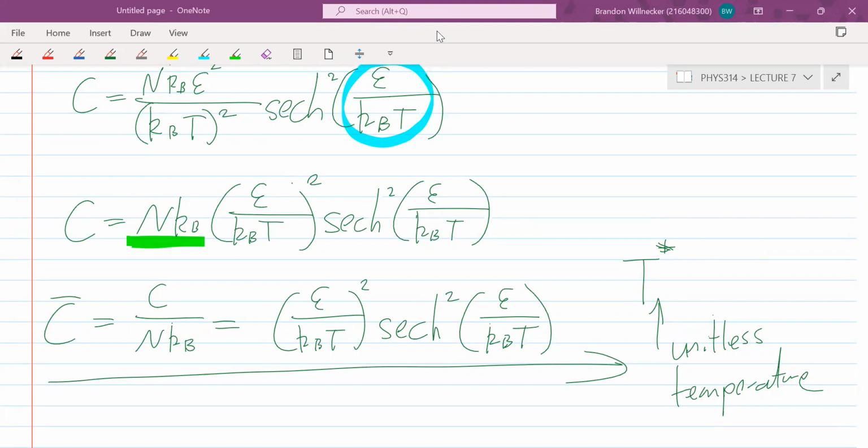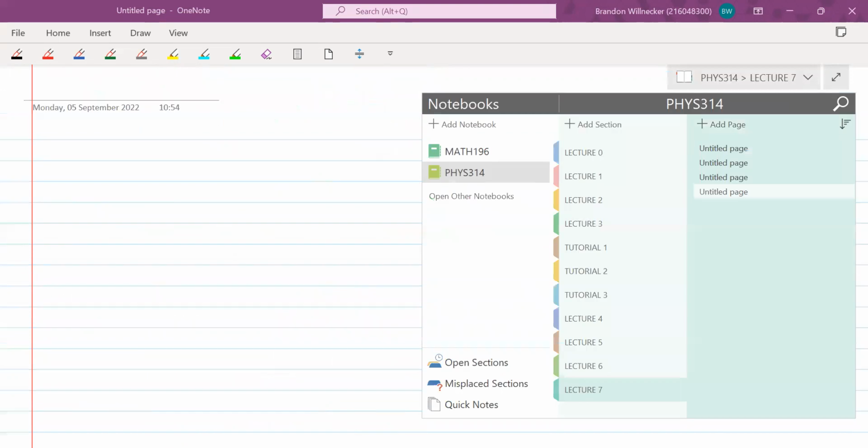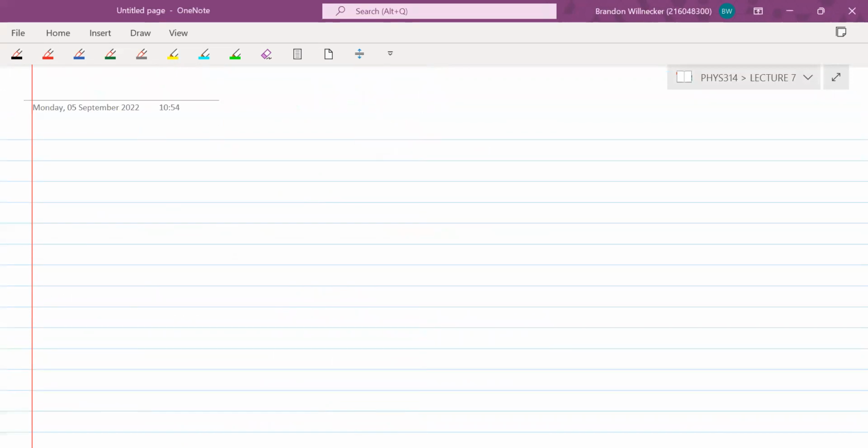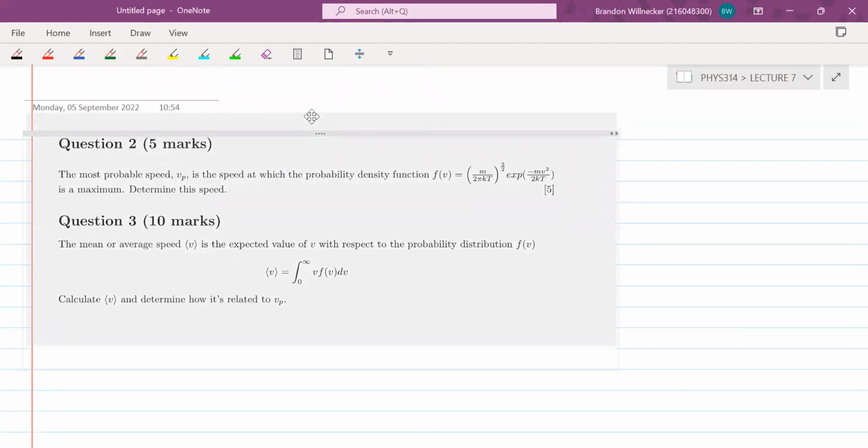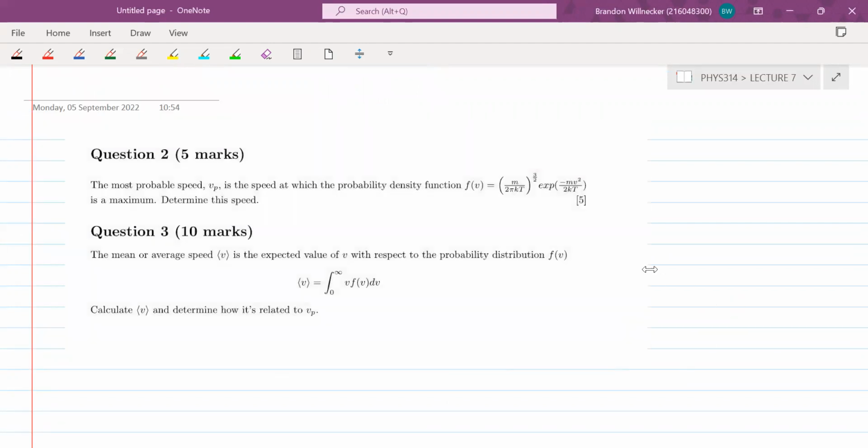Okay, let's have a look at those two assignment problems. I think the first one, let's just get that here. So not assignment, the hand-in problem. It was questions 2 and 3. There we go. Question 2.